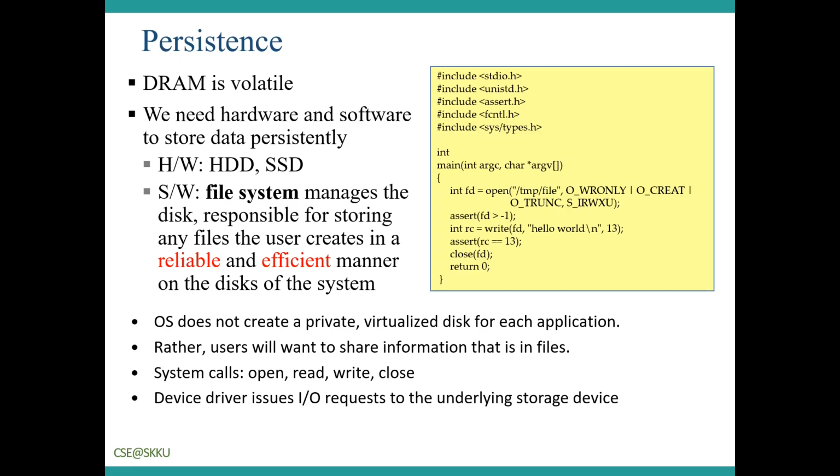Unlike what the OS does for the CPU and memory, it doesn't give each program its own private virtual disk. That's because users usually want to share files between programs. For example, say you are writing a C program. First, you use a text editor to write and edit the .c file.